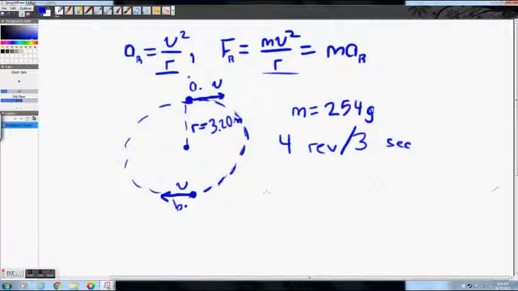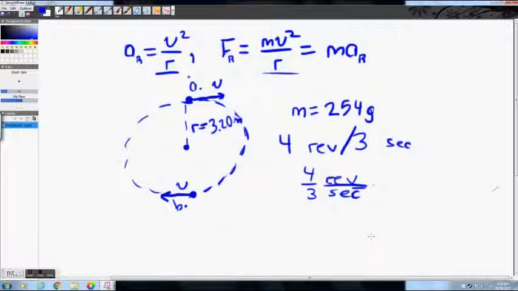So first, we need to find the velocity. We have the radius, we need to find the velocity. And we can find the velocity from this: 4 revolutions per 3 seconds. Well, that is equivalent to saying 1.3 repeating, or 4/3 revolutions per second, by just dividing by 3.